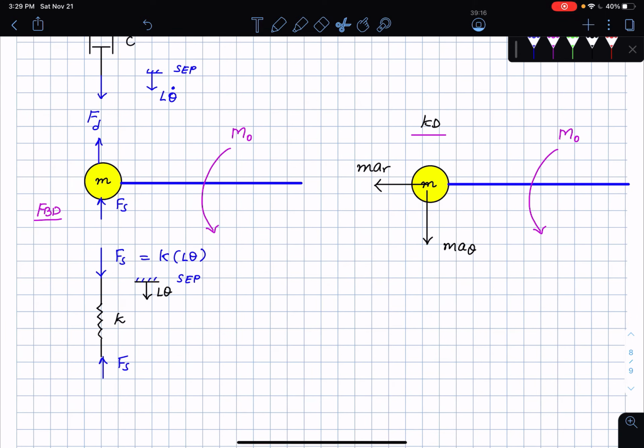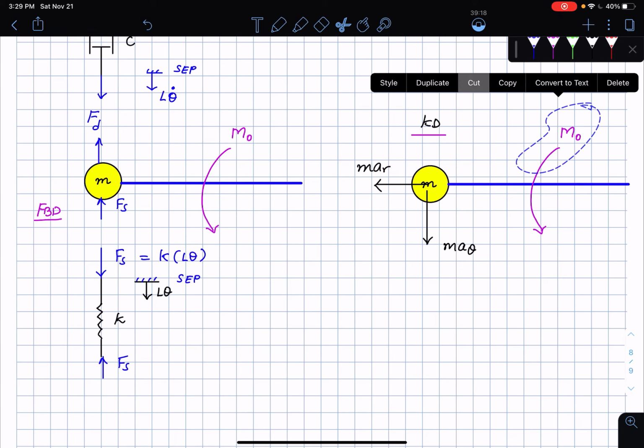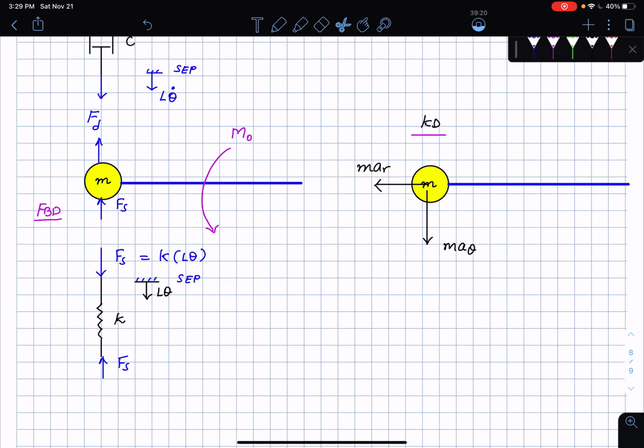Now you see, of course this is not going to be shown on the kinetic diagram, because that's an applied torque. Now on the free body diagram, here is what I'm going to show. Because there was a point that was pinned here, there's going to be a pin reaction, Ox and then Oy.